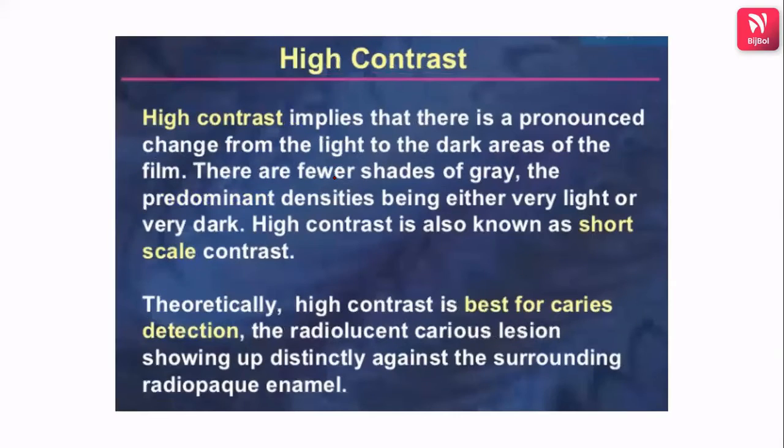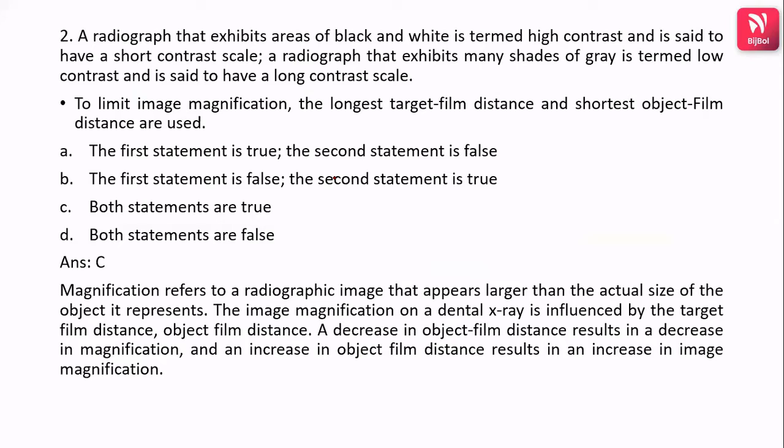What he is asking here is whether the first statement is true or the second statement is false, the first statement is false or the second statement is true, both the statements are true, or both the statements are false. So what is the answer according to you?